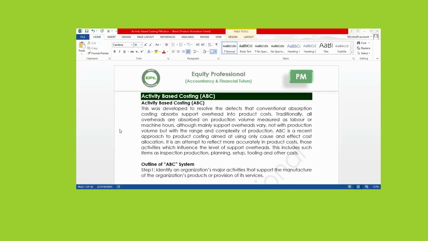The summation of indirect material cost plus indirect labor cost plus indirect expenses is called overhead cost. Overhead cost contains all the indirect costs.